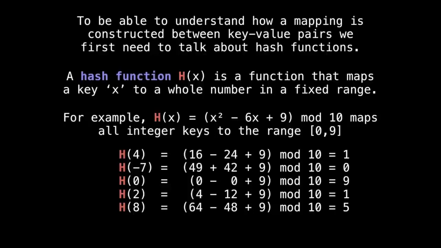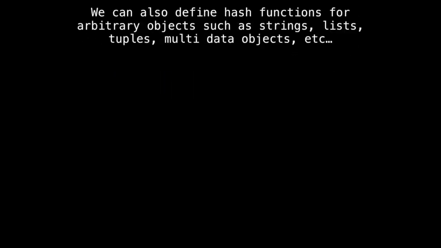So below, I'm plugging in certain values or keys, if you will, into the hash function and getting an output. So notice that the output is not unique in that there could be two values that I plug into the hash function which yield the same value. For instance, h of 4 and h of 2 map to the same thing, and that's completely fine.